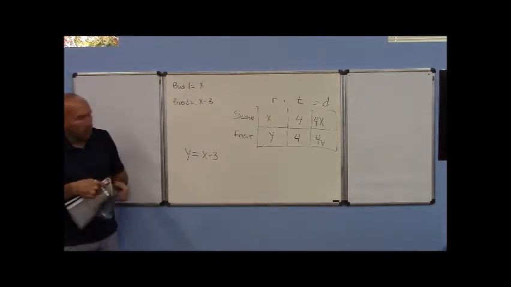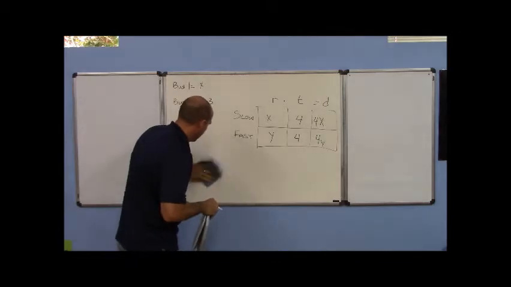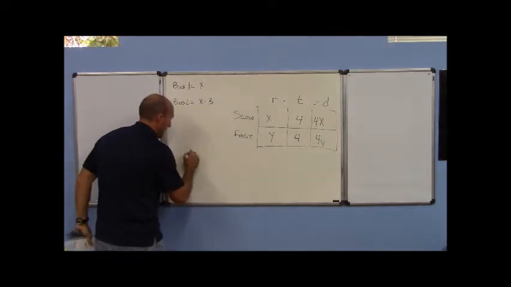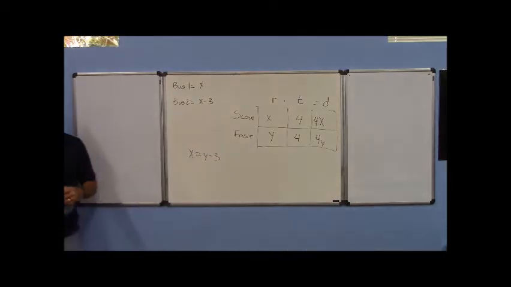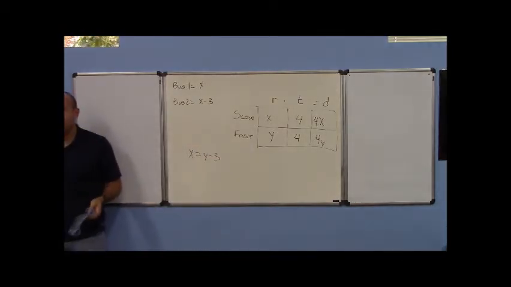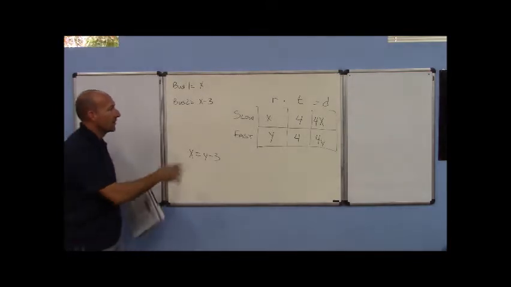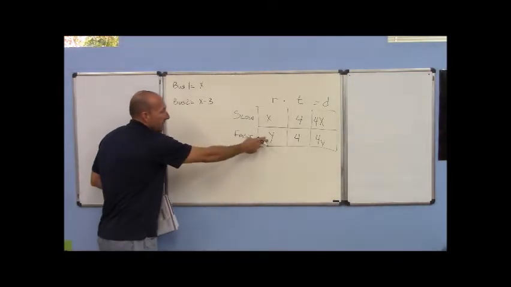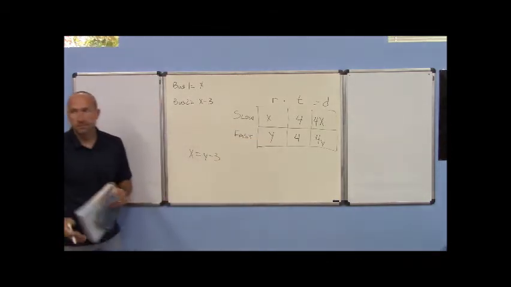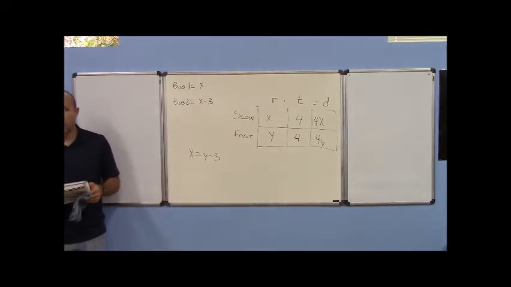No, sorry, I'm an idiot. x equals y minus 3. Because the slow bus obviously goes slower than the fast bus, right? So, our slow bus is actually going 3 miles an hour slower than the fast bus. We all on board now?